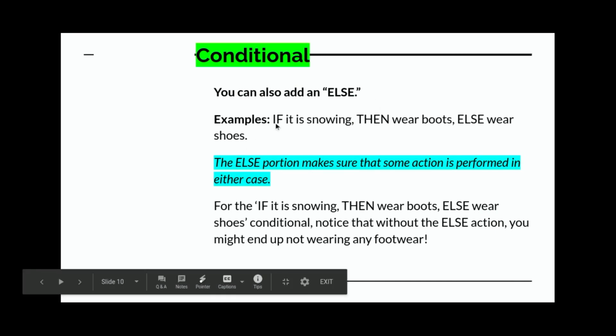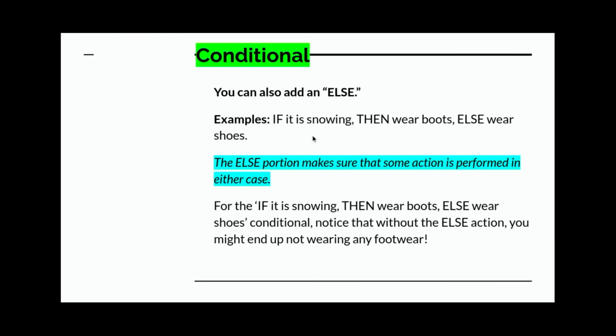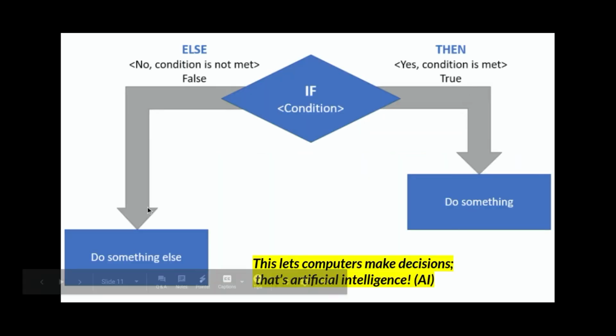Okay, here's another example. If it is snowing, then wear boots, or else wear shoes. The else path makes sure that some kind of action is performed, some kind of code is being run, no matter whether something's true or false. And what conditionals do, as you see in yellow at the bottom, is they let computers make decisions.